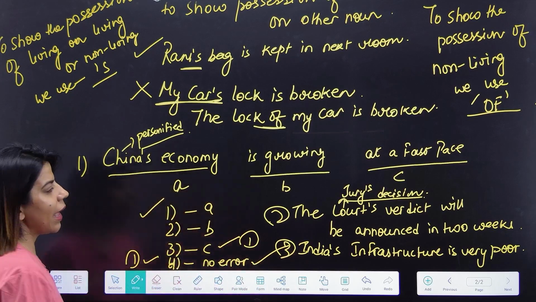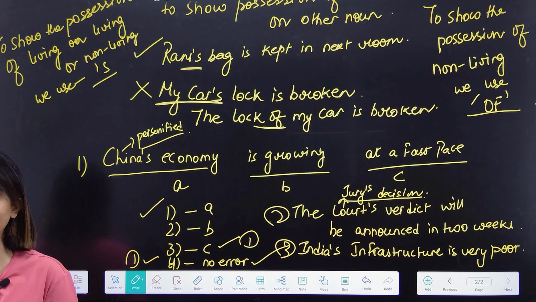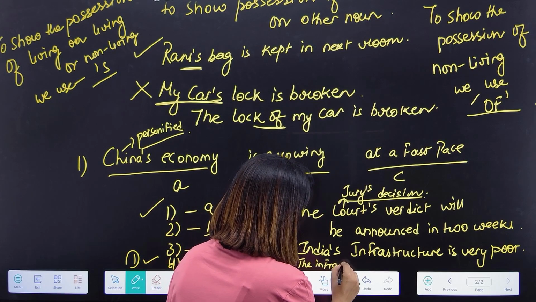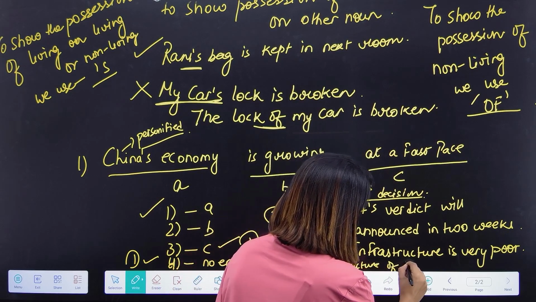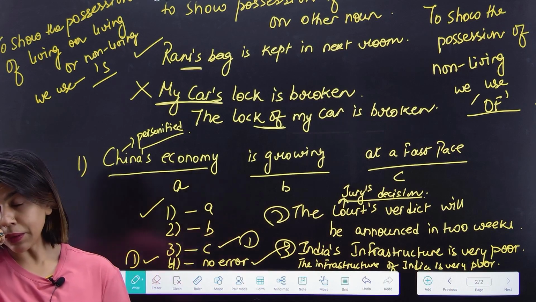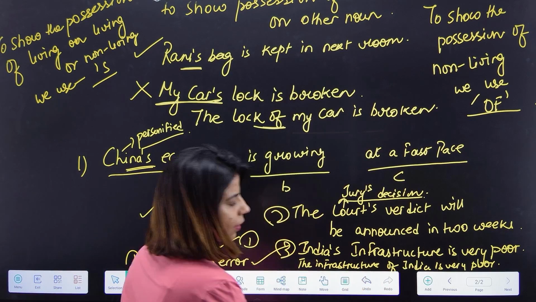Error, no error? एरर. इंफ्रास्ट्रक्चर किससे बनता है? बिल्डिंग्स से बनता है. इंडिया नॉन लिविंग है, बिल्डिंग्स नॉन लिविंग है, सड़कें नॉन लिविंग है. तो क्या होना चाहिए? द इंफ्रास्ट्रक्चर ऑफ इंडिया इज वेरी पुअर. क्लियर? इज इट क्लियर टू यू नाउ डियर? परफेक्ट. तो पर्सोनिफाई जो चीज हो जाती है वो बन जाती है लिविंग. लिविंग हो गया तो अपोस्ट्रोफी से उसको दिखाएंगे पोजेशन, और अगर वो नॉन लिविंग है तो उसका पोजेशन दिखाएंगे ऑफ से. इज दैट क्लियर टू एवरीवन?